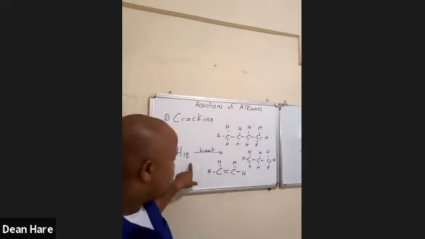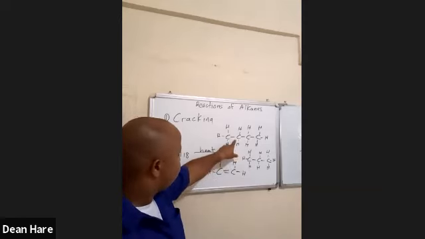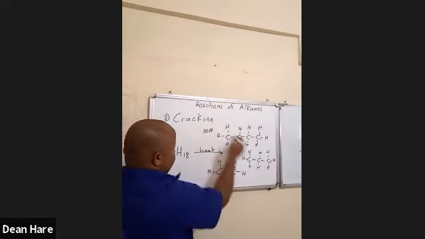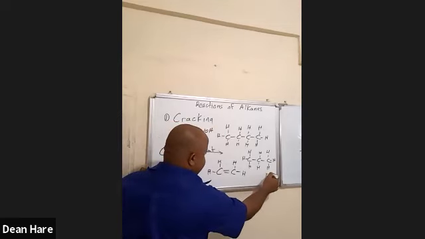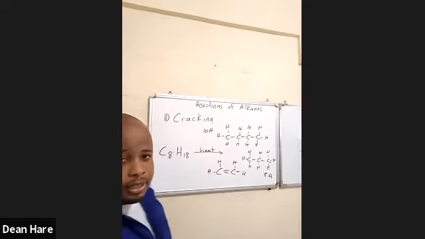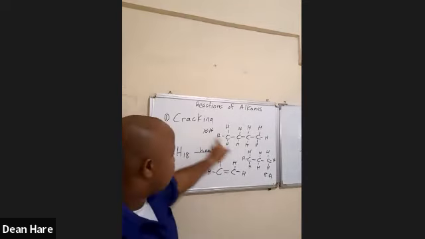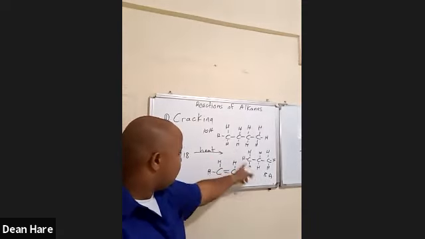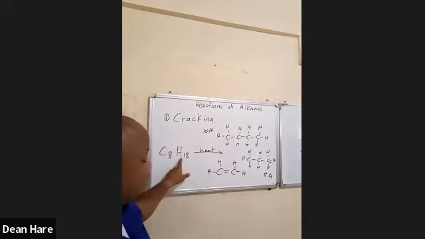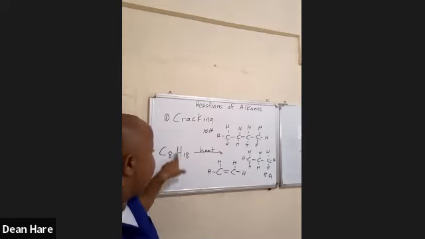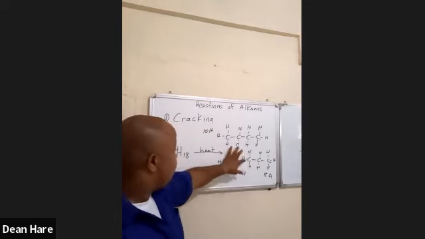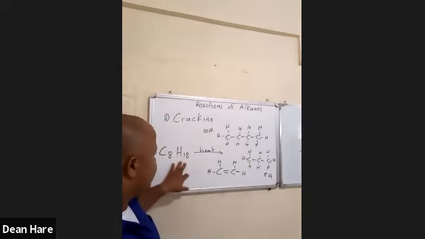So if this is C4, that means we have 10 hydrogen here, 8 hydrogen here, 10 and 8 is 18. So we already use up all of the hydrogens. If you make two alkanes, you use up all of the hydrogens that you are supposed to use.